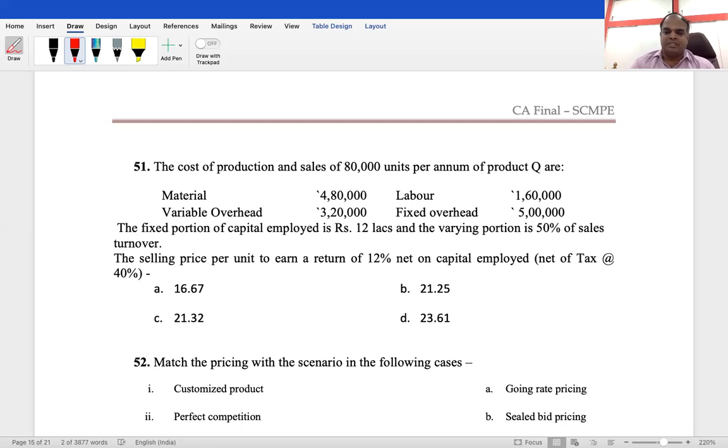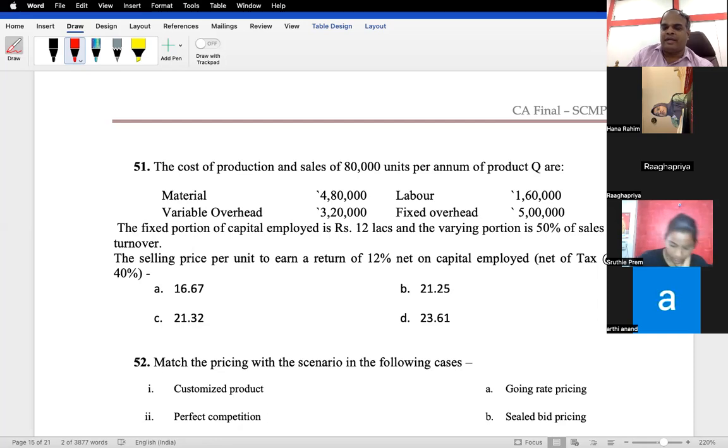Next line item, that is 12% of 12 lakh plus 50% of 80,000 X. Sales quantity 80,000 into X, that price you are going to compute. Therefore, 50% of 80,000 X.